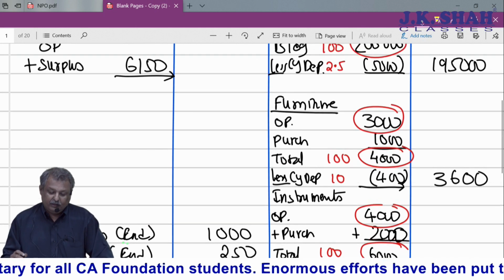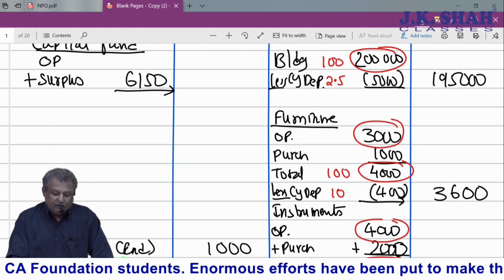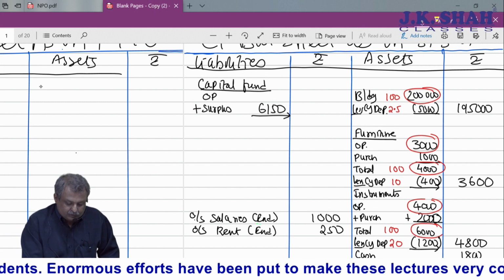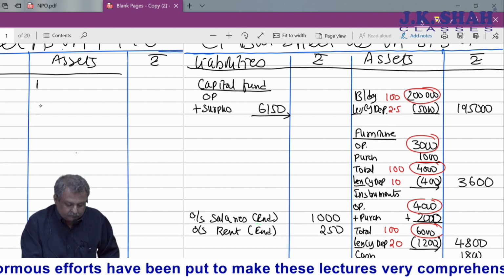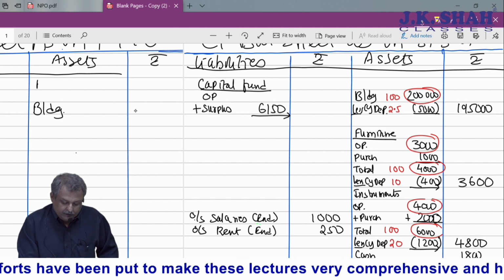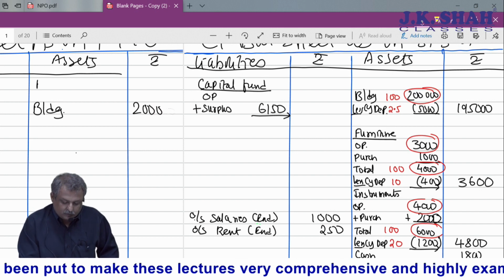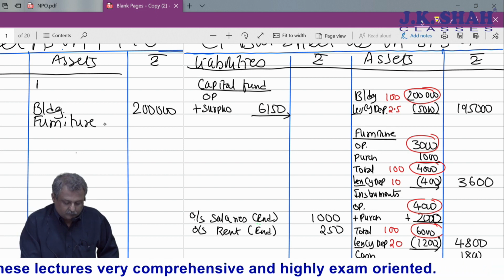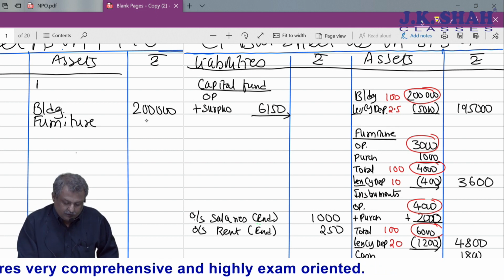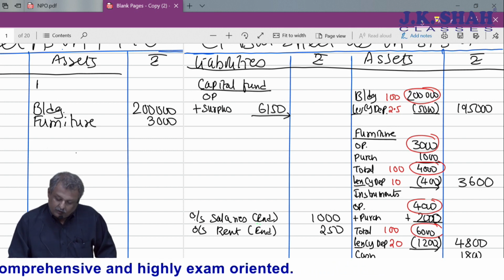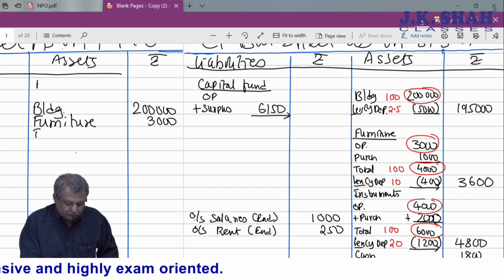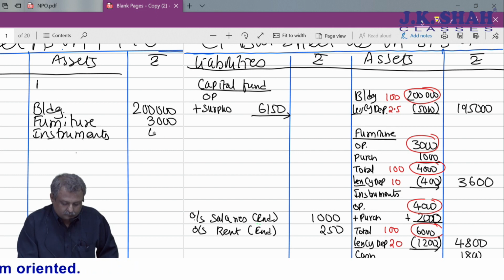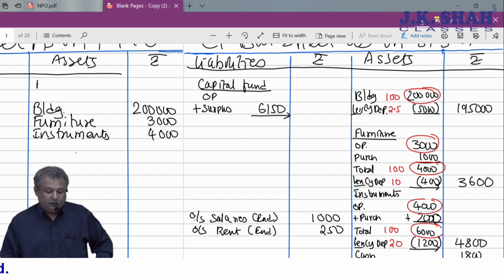But important thing, opening second effect should be given in opening balance sheet asset, that is building 2 lakhs, then furniture will be 3,000 and instruments will be 4,000. That was the important point about that.